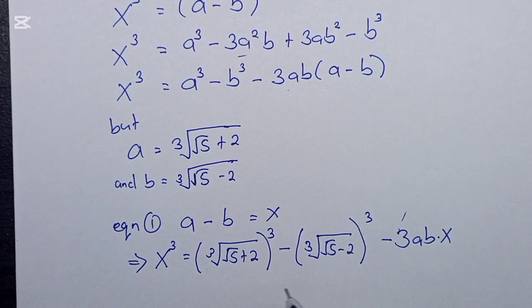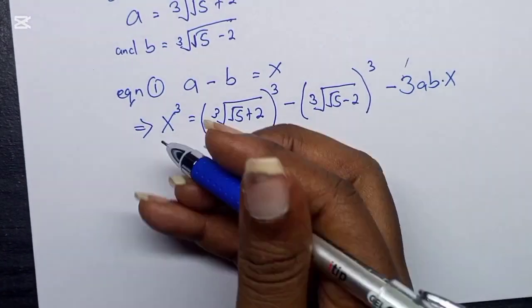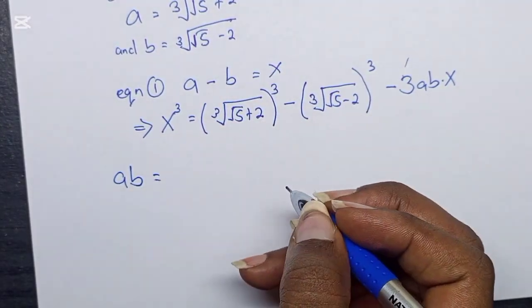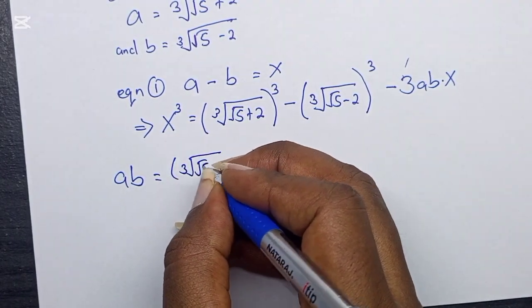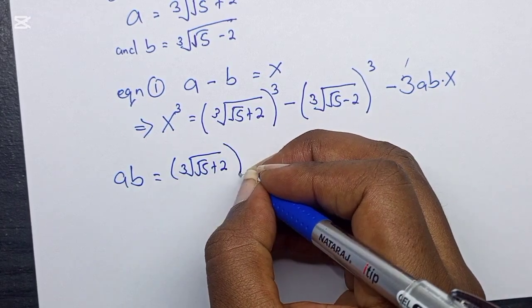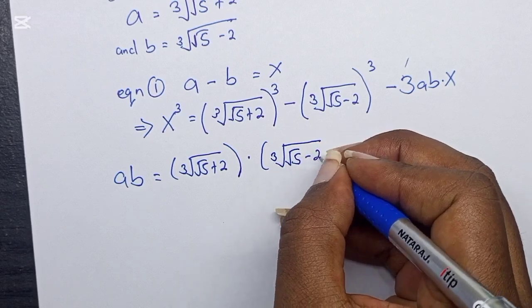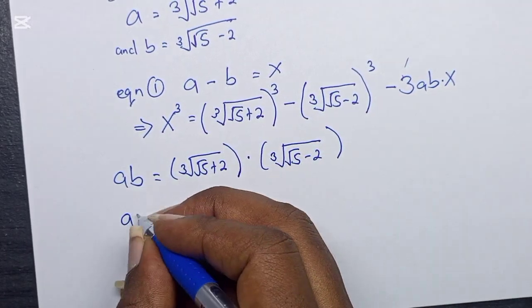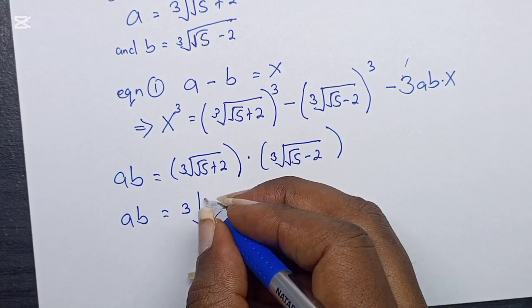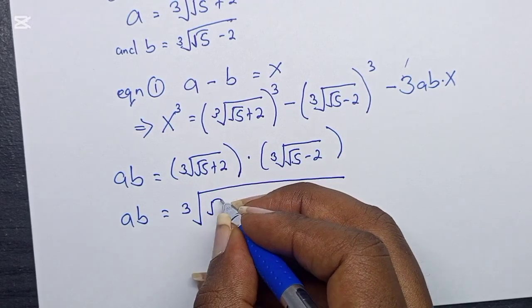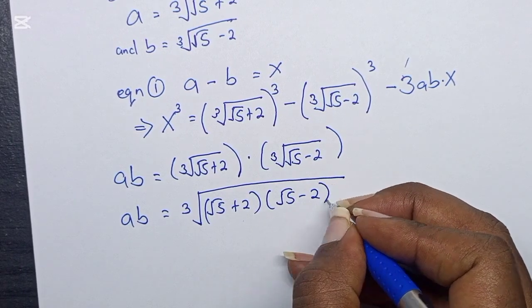So let's first find ab. So we shall have ab is equal to the cube root of root 5 plus 2 times the cube root of root 5 minus 2. So ab is equal to the cube root of root 5 plus 2 into root 5 minus 2.